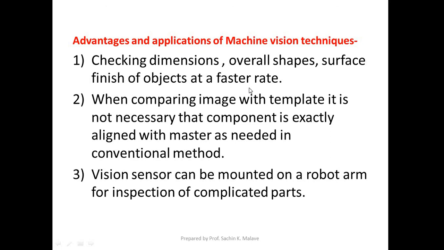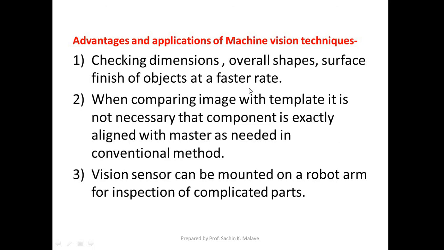Second, whenever we compare the image with the template, it is not necessary that the component is exactly aligned with the master, as needed in the conventional method. In the conventional method, whenever we compare two components, we need to align them, isn't it? But that is not the case in machine vision.